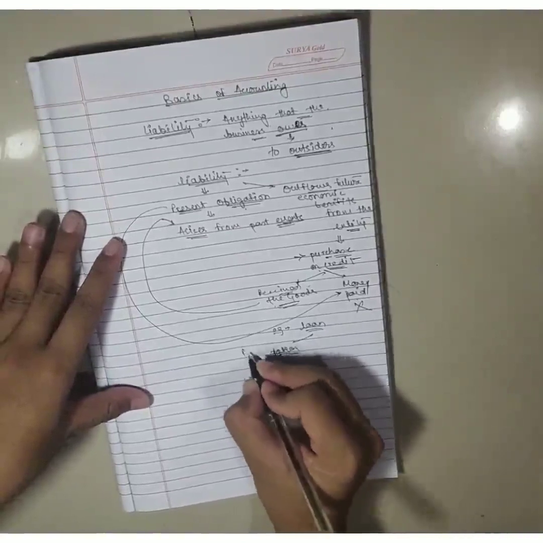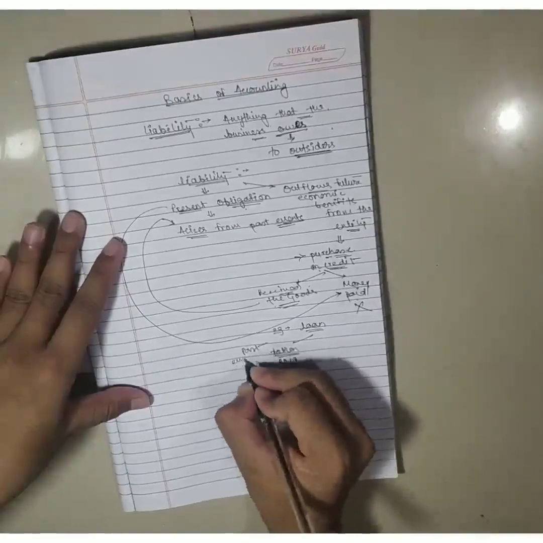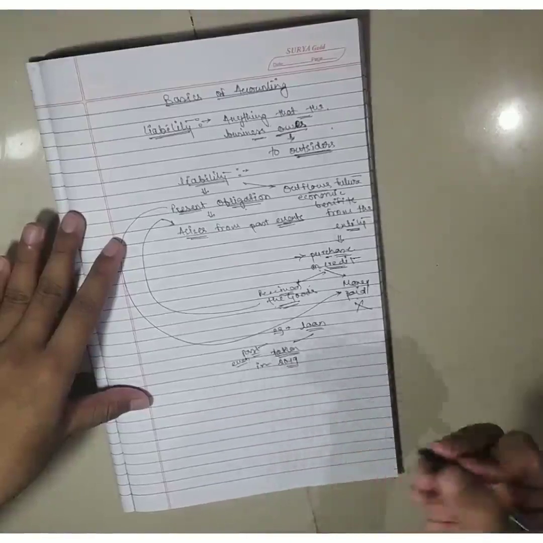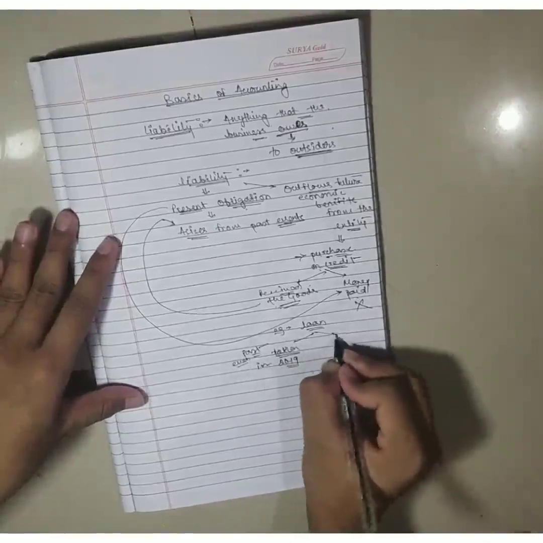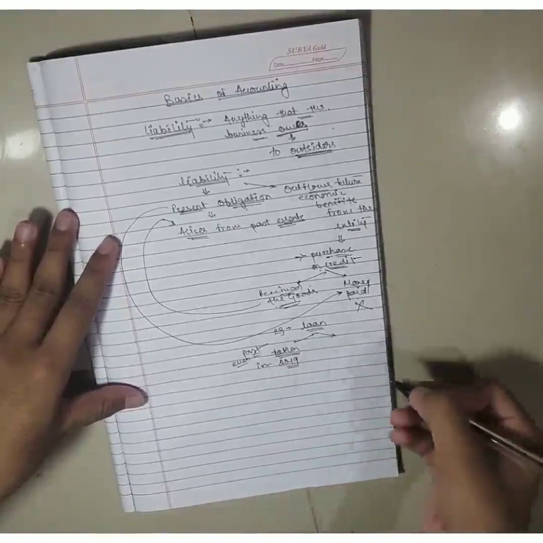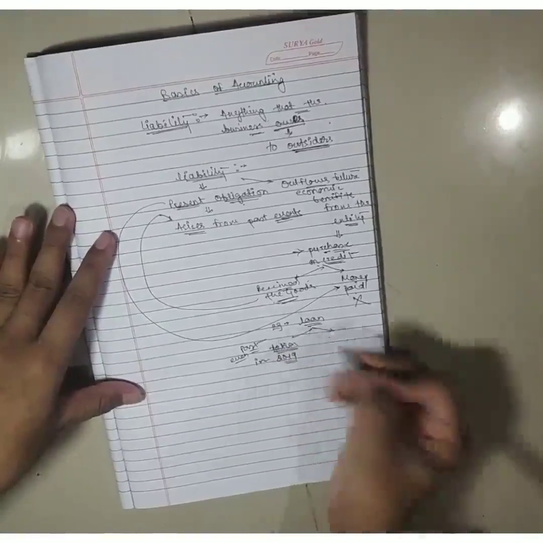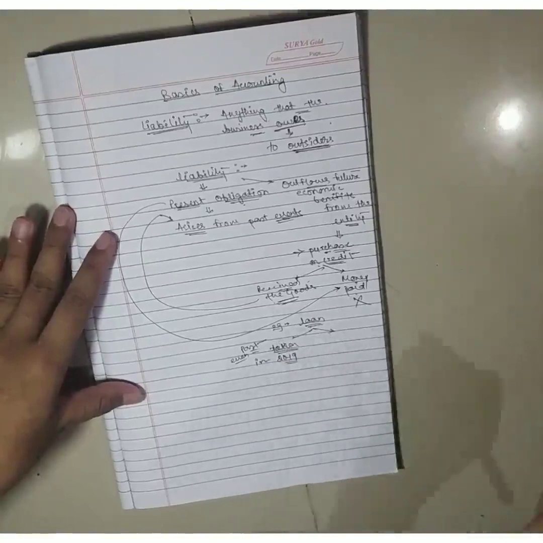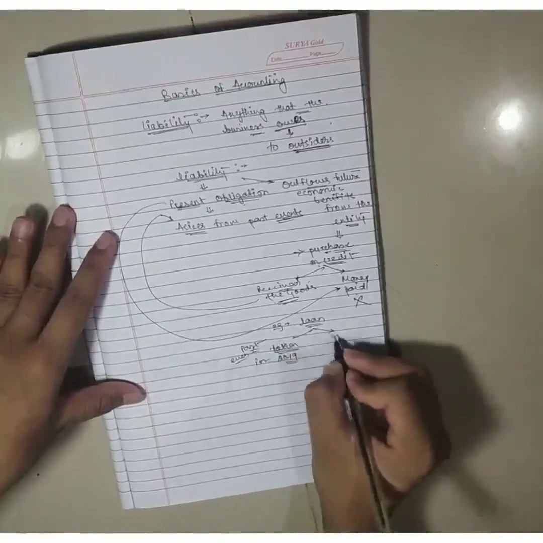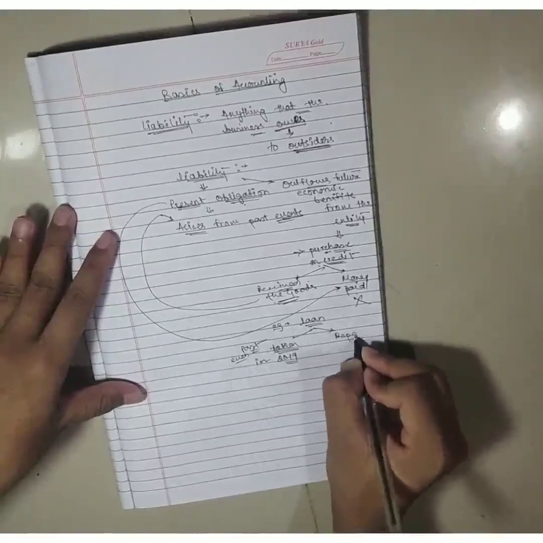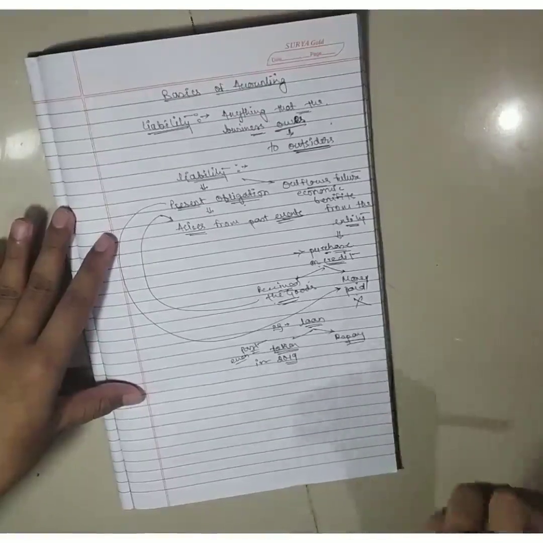This is a past event because it is past. Now we have taken the loan last year, but we have to repay it in the current year. So what does it mean? This is an obligation arising from a past event and now we have to repay.